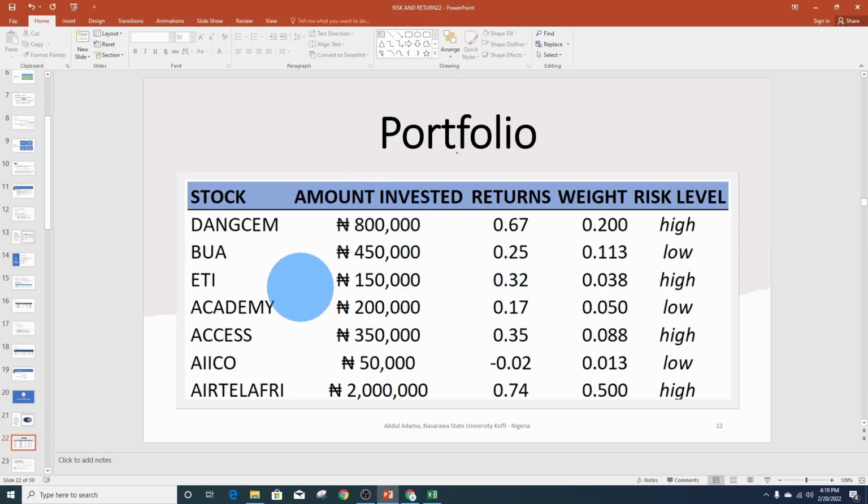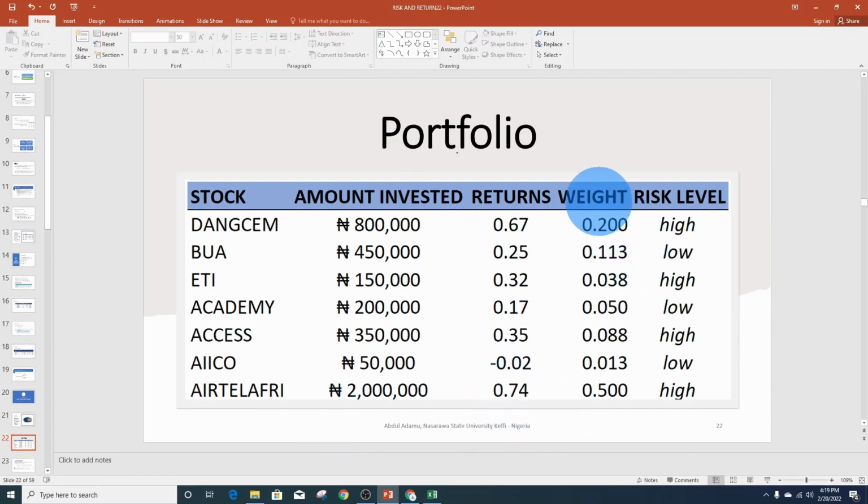Now if you look at this table, each of the investments, if we consider them as a single investment or individual asset, has its return. Dangote Cement has a return of 0.67, BUA 0.25, 0.32, down to Airtel, which has a return of 0.74.